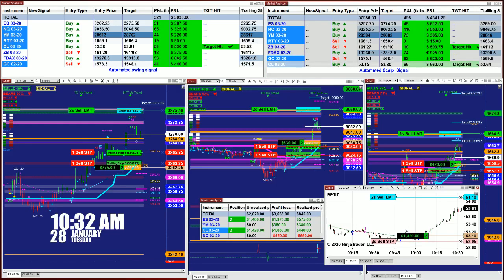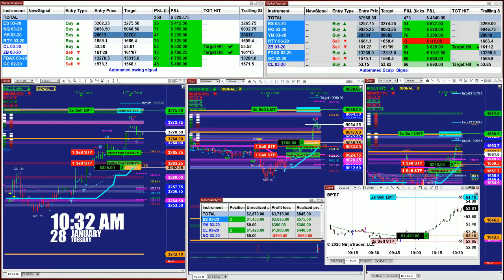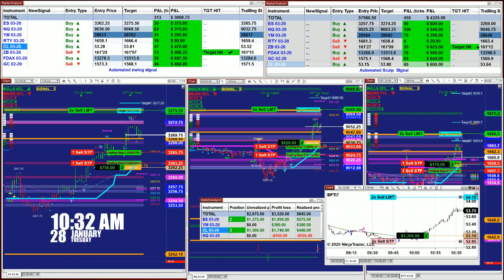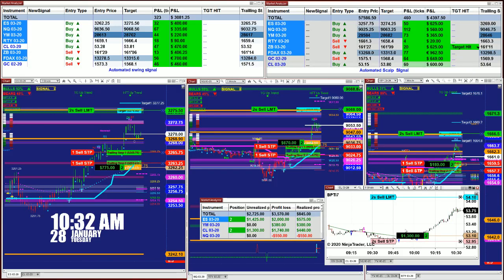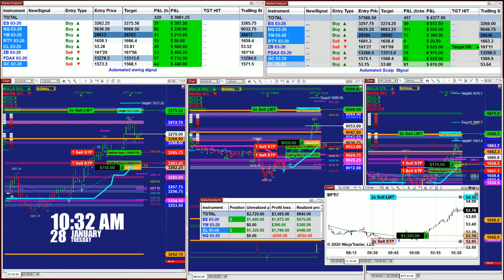If I had a $500 hard-stop daily target, I would have been stopped out a long time ago, and I wouldn't have any money for tomorrow in case the market goes banana.